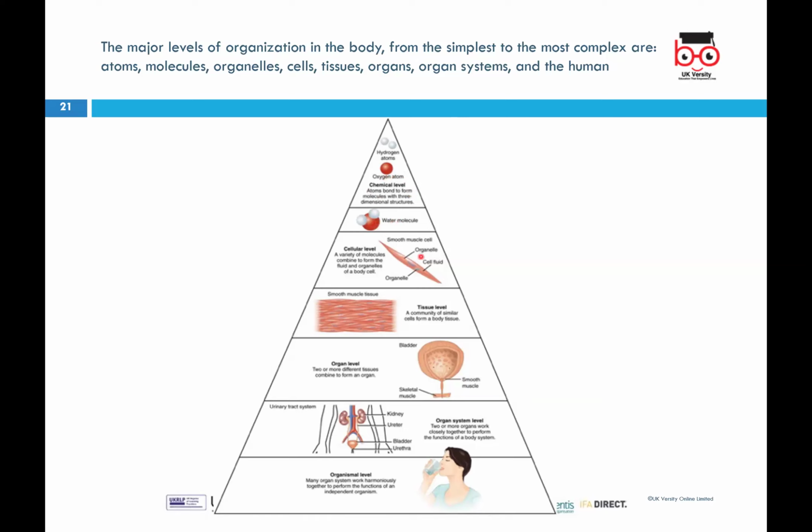Molecules join together to form a tissue or a compound. You have more complex molecules that join together to form tissues here. Then you have organs, which are made of more complex tissues, and then you have systems, we've talked about them, and the organizational level as a whole.